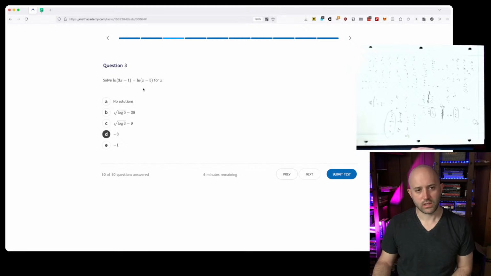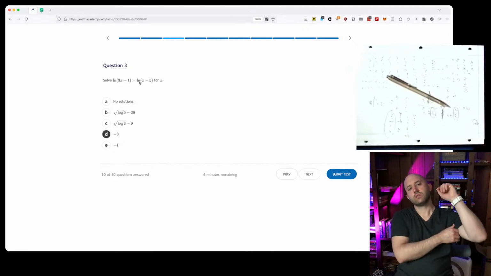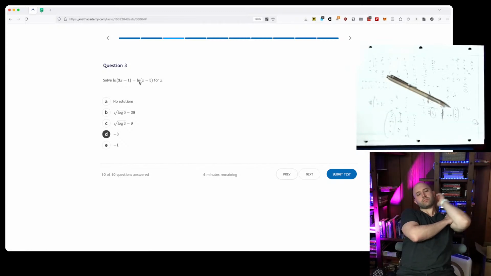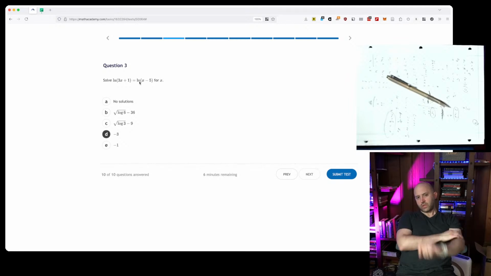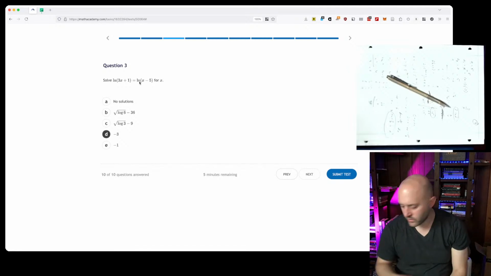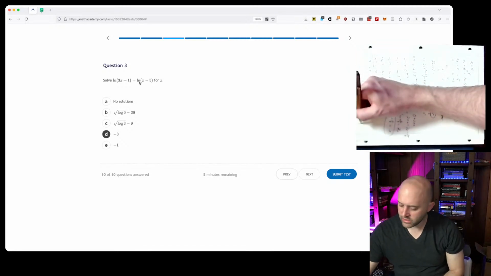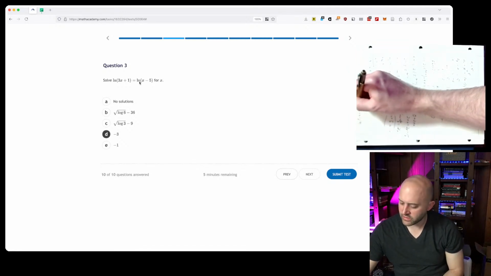Aha. I said I want to come back and double check this one. So yeah, if you just assume that the natural log on both sides gets you squared away. So the equivalent x is minus 3. So what happens if x is minus 3? You get natural log of minus 3 minus 5. So natural log of minus 8.